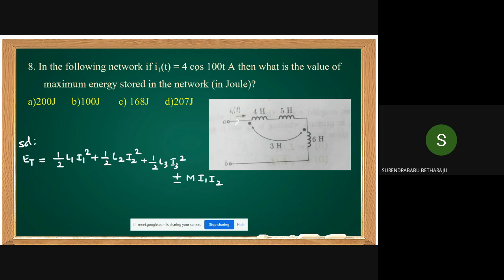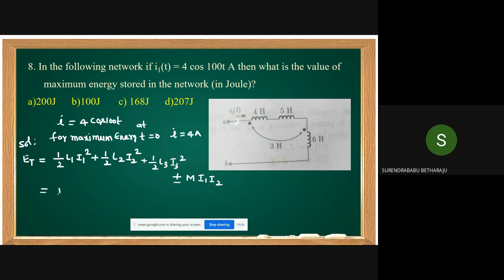The current remains equal here. Then for maximum energy, what current is given? The current equal to 4 cos 100t. To get the maximum energy, you substitute the maximum current at t equal to 0. At t equal to 0, I equal to 4 amperes.